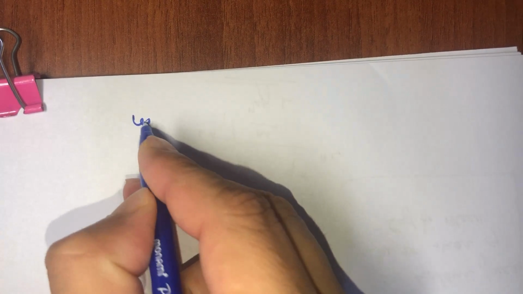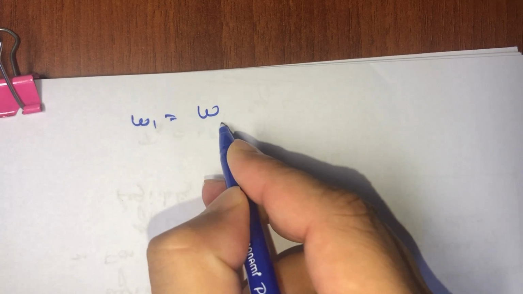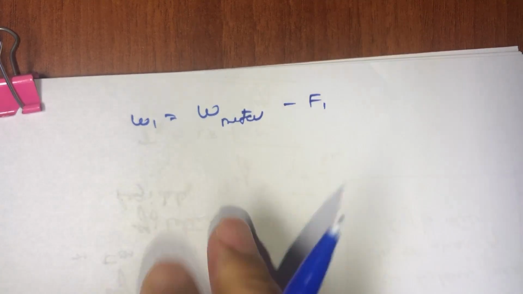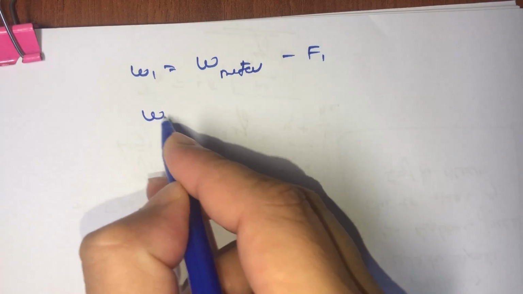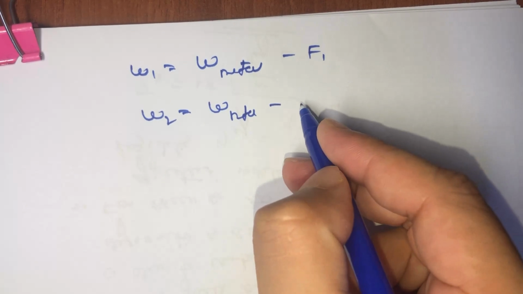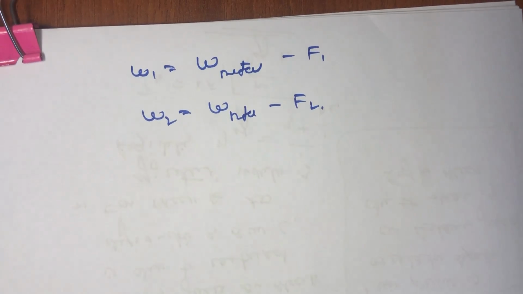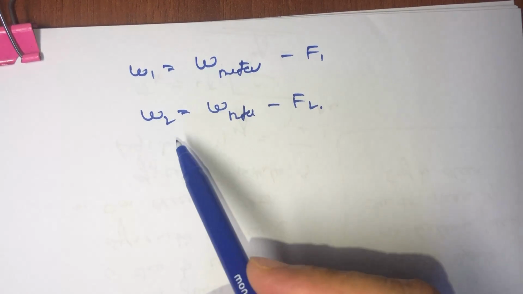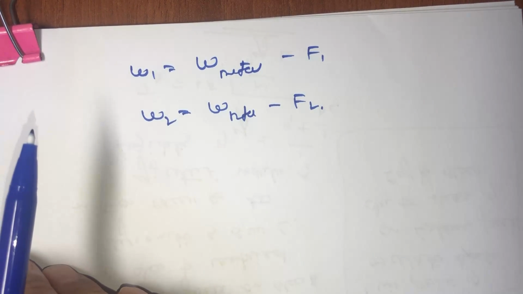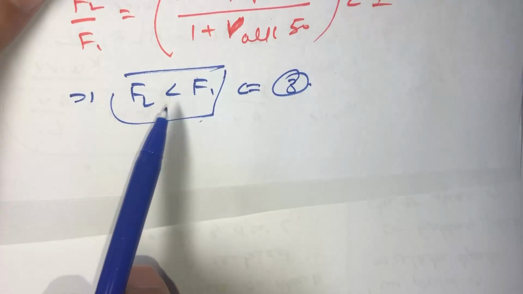So let me write it once again here. W1 is equal to W metal minus F1, and we have W2 is equal to W metal minus F2. So we have to make a comparison between the apparent weight W1 and W2, and we drew a conclusion that F2 is less than F1.